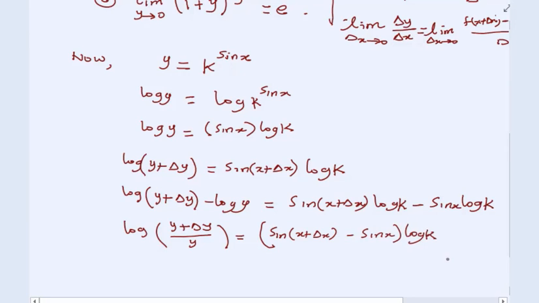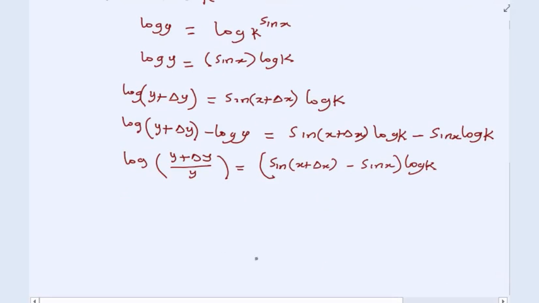Next, I'm going to write this as a single fraction: y over y gives 1 plus delta y over y as well. Then this one, from the product formula I showed you, will become 2 cos. Don't forget, this is like A and this is like B.